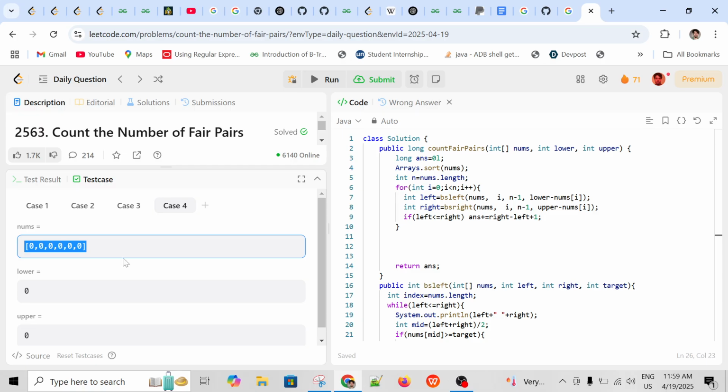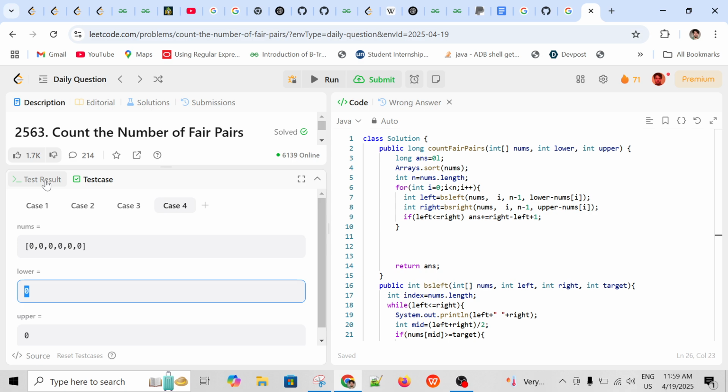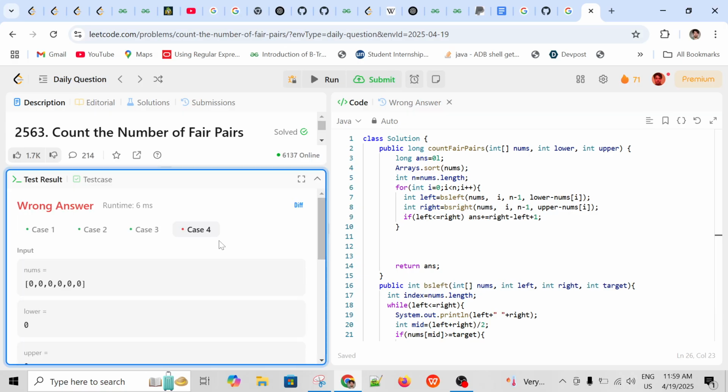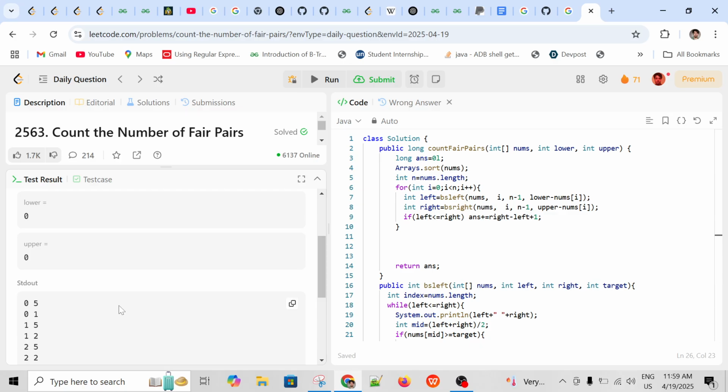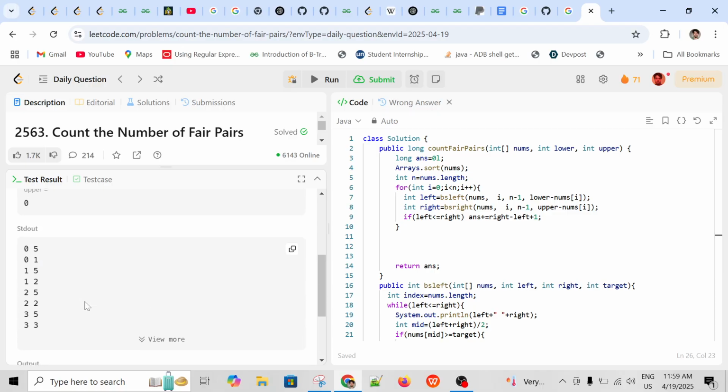If everything is 0 and lower from 0 to 0, then what could be the answer? 0 to 0, everything is, so how many pairs can we generate? It is giving us the 21. No, it will start from I plus 1.